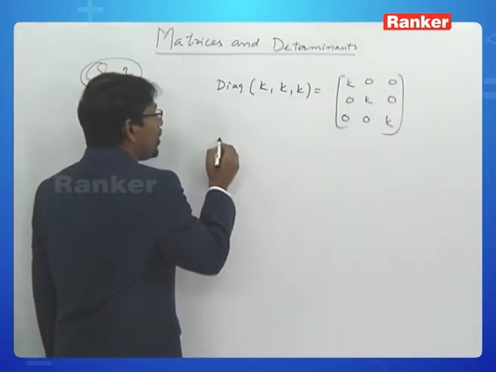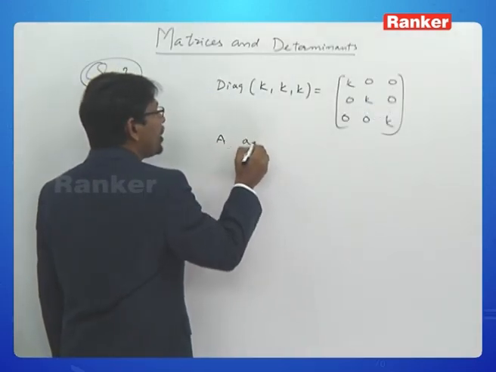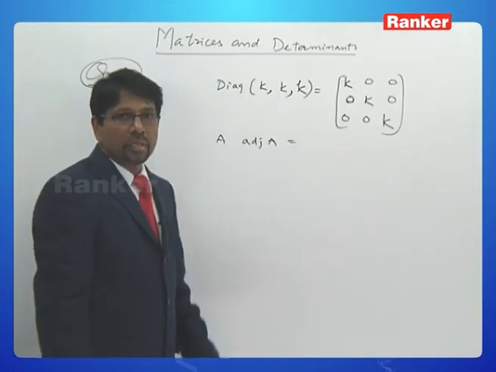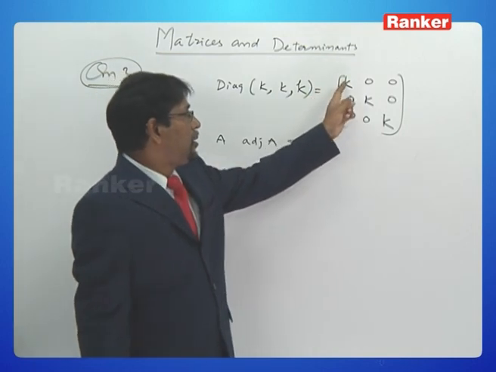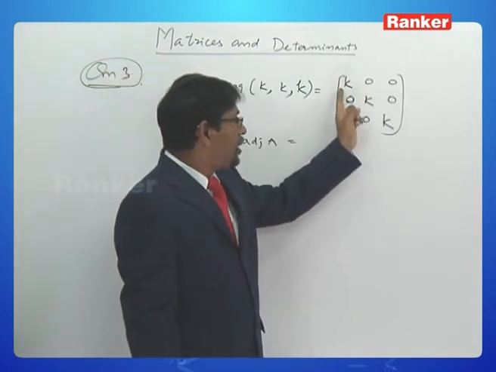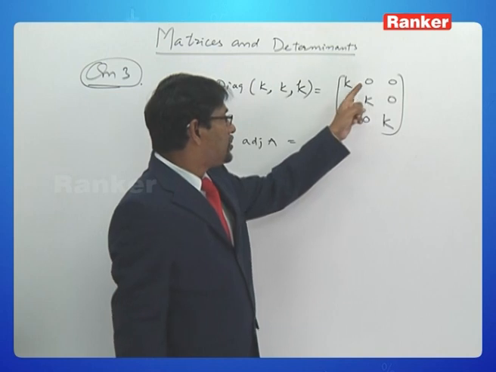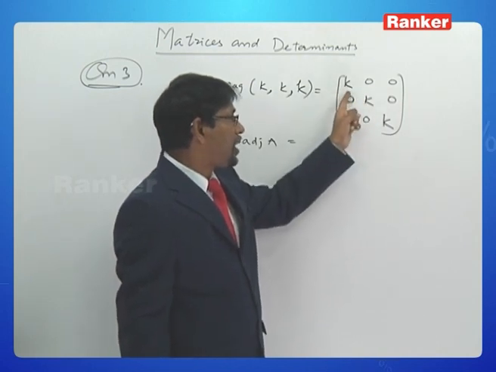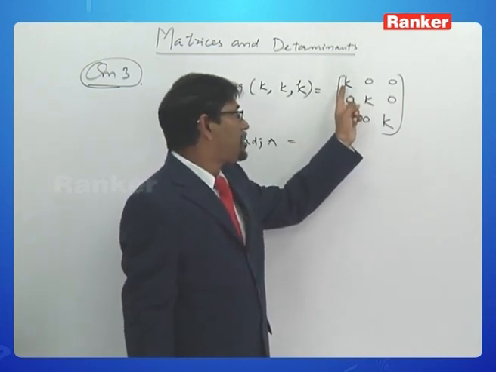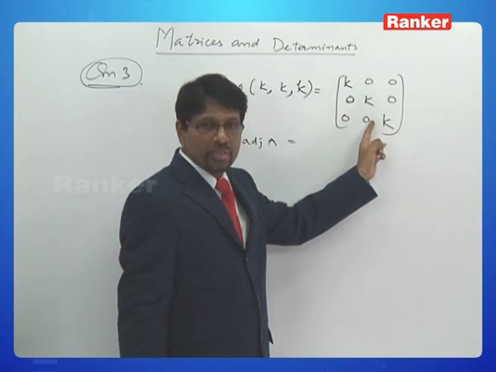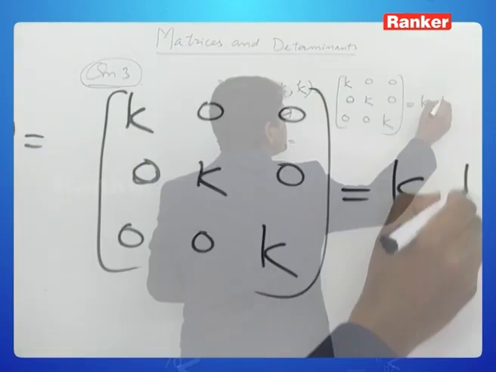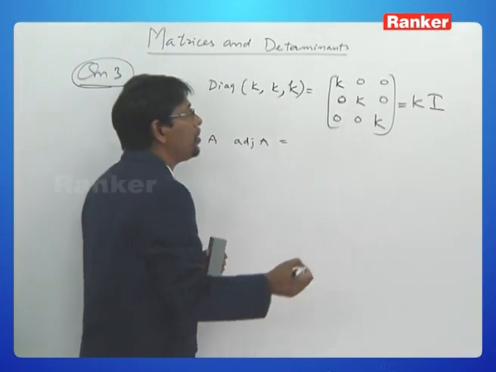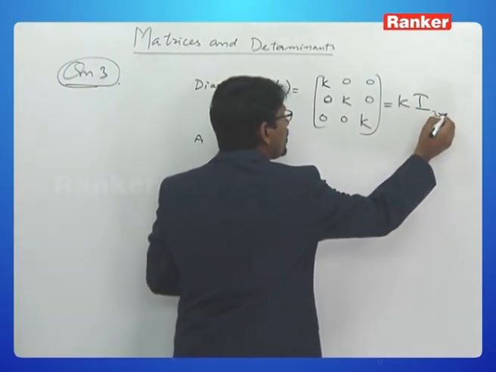Right? Now A into adjoint of A, diagonal matrix K, K, K, is equal to the matrix represented by this. It's a 3 by 3 scalar matrix, with all the entries along the principal diagonal equal to K. So I can even write this as K into I, I being a 3 by 3 identity matrix.